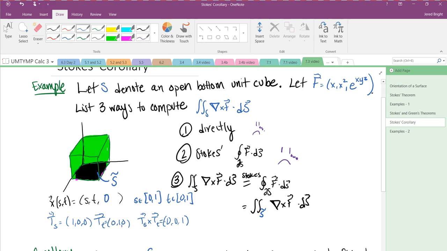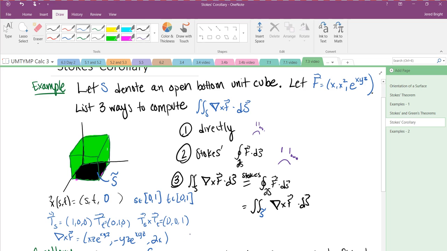And then when we do the curl, we get something that looks nasty, but honestly isn't too bad: xz e to the xyz, comma minus yz e to the xyz, comma 2x.